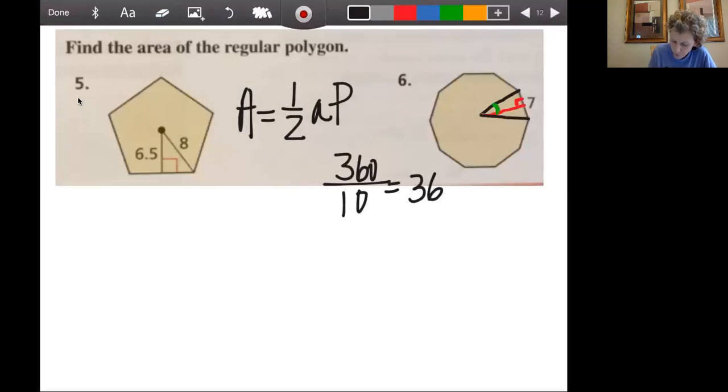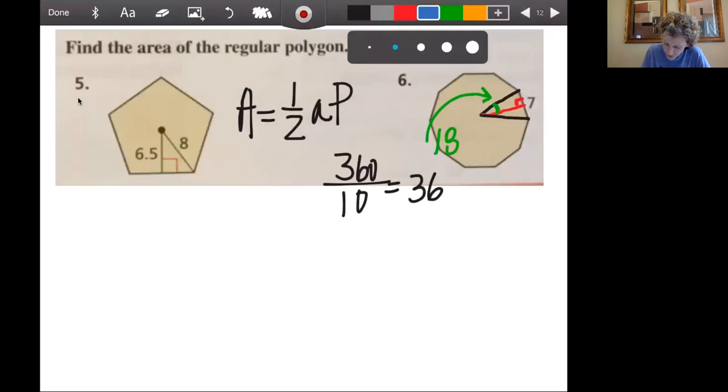But then for the green right here, I just need half of that. So that's going to be 18. Now, if that is 18, actually, that's kind of all we need, because check this out. If this whole side is 7, let's go with blue, then just this little piece here is going to be half of that, which is 3.5.